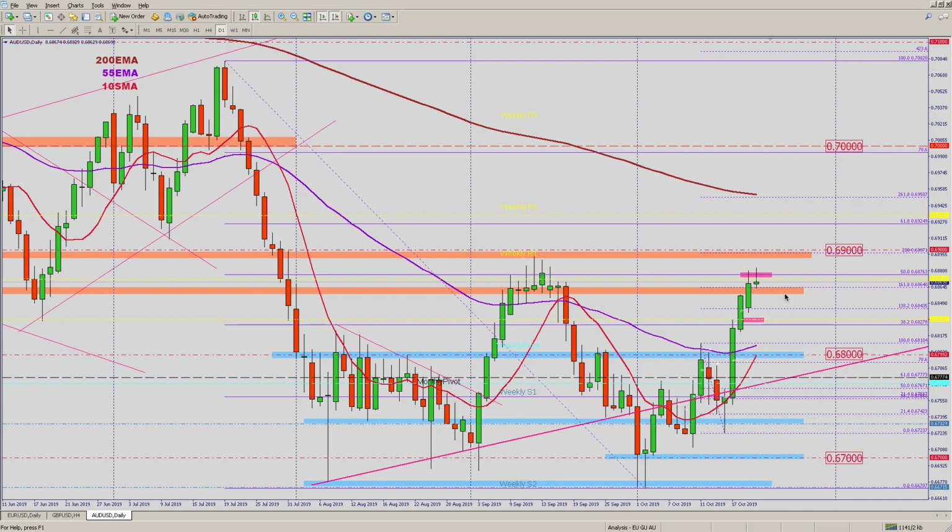So we'll see whether this resistance level will hold and become support, or it may turn back lower. If it does retrace lower, then it could find the 138 fib extension level for support, and there's another further interim support level here as well.